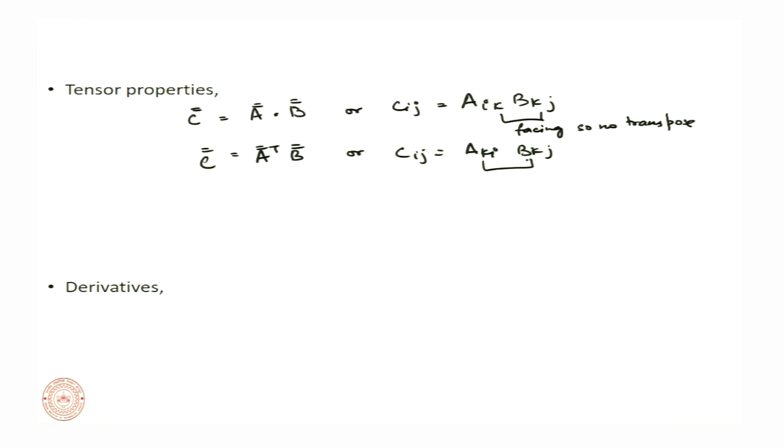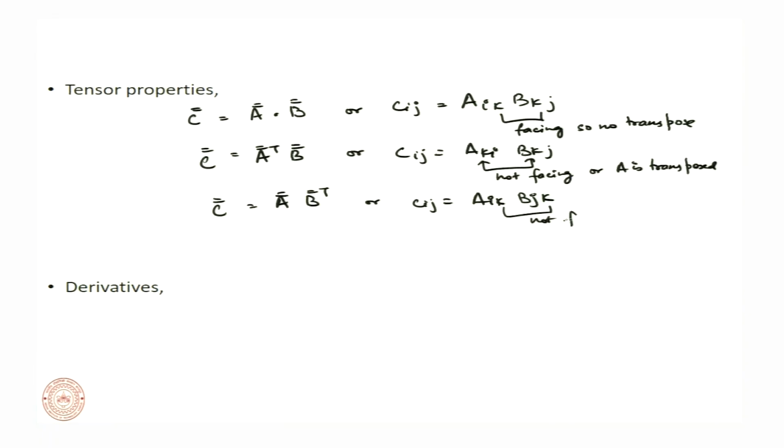So this is flipped, so not facing, or A is transposed. Similarly, we can have A B transpose, or Cij will be equal to Aik bjk. Again not facing, B is transposed.